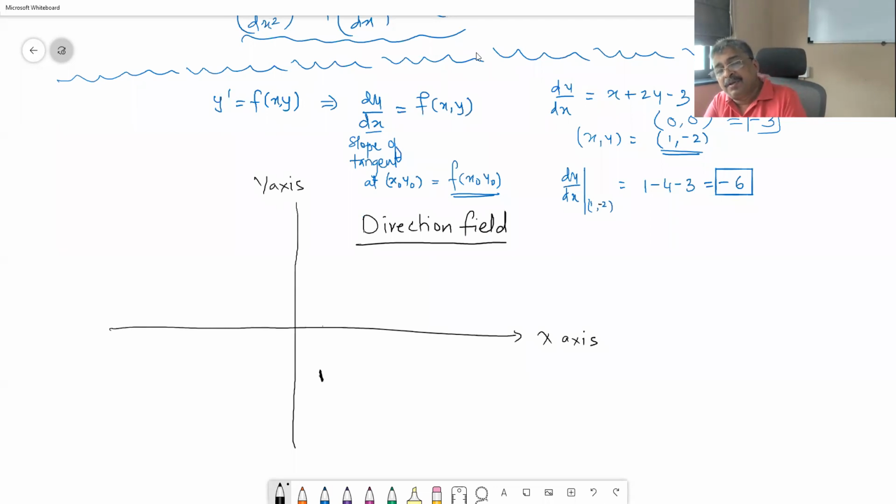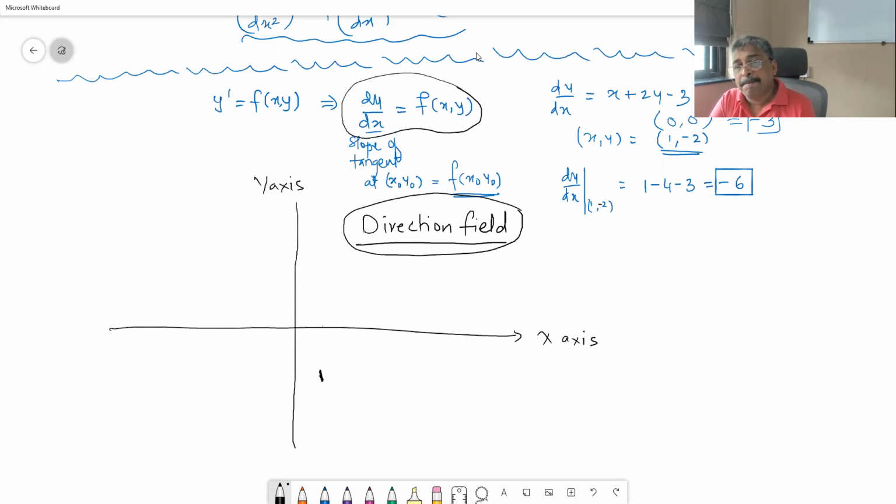Direction field is equivalent to your differential equation. A differential equation in algebra is the same as a direction field in geometry.